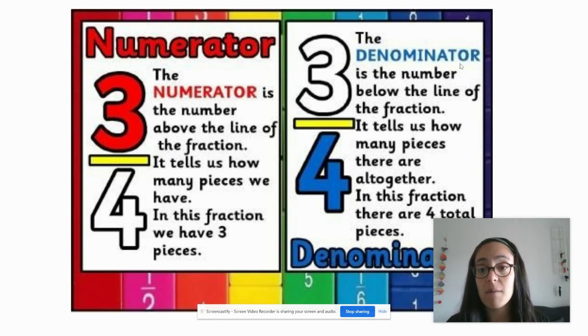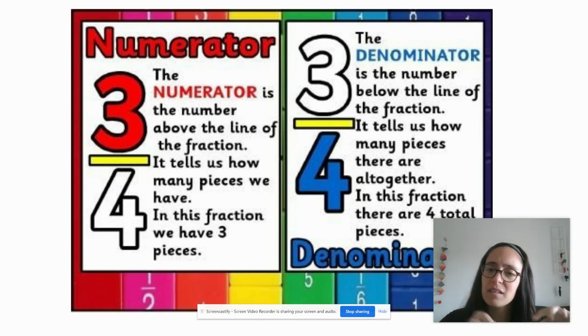Whereas the denominator is the number below. So the total number of pieces in your group. One way I remember the numerator and denominator is that the denominator kind of sounds like the basement. So I think of denominator and I think of the word basement and it's the bottom.